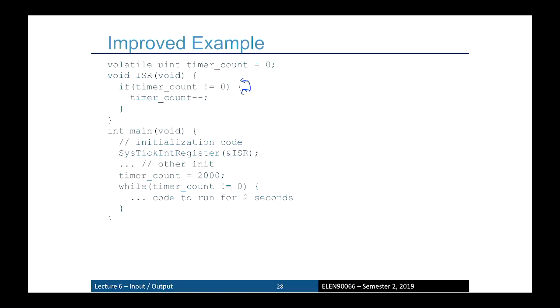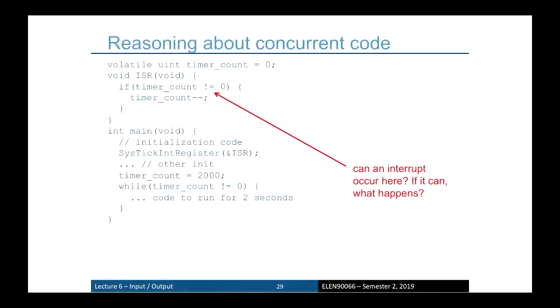Okay, that might seem a little better, but we still have a problem. What happens if an interrupt occurs right here? Well, if we allow nested interrupts, then it can call itself and call itself and call itself, and that check may never work as we expected it to.